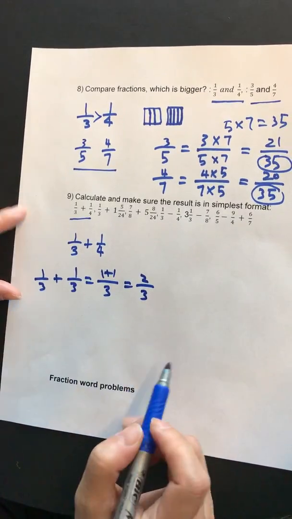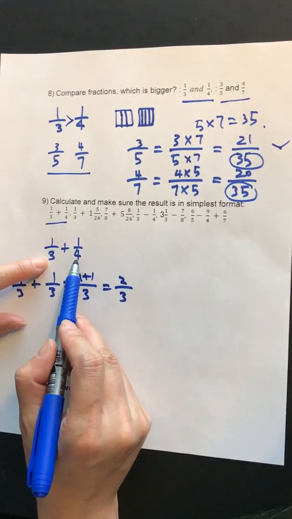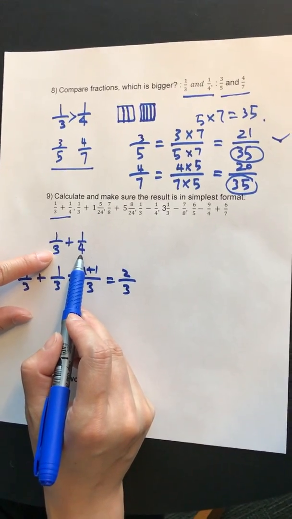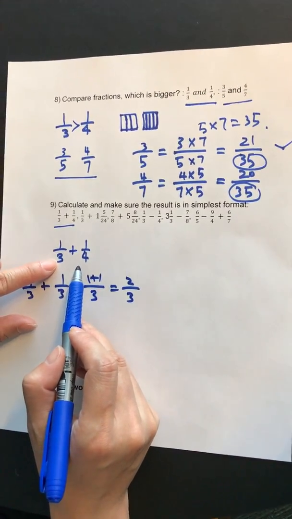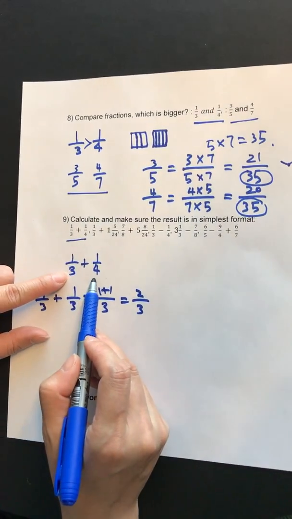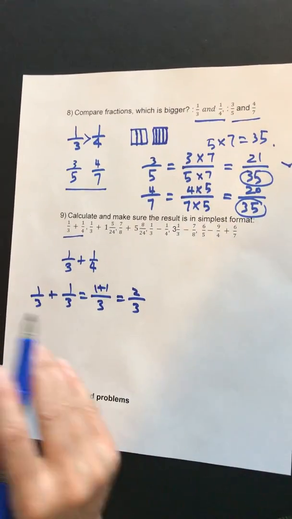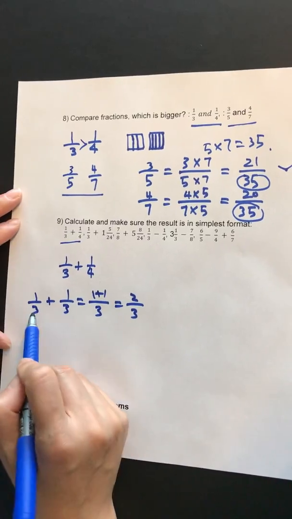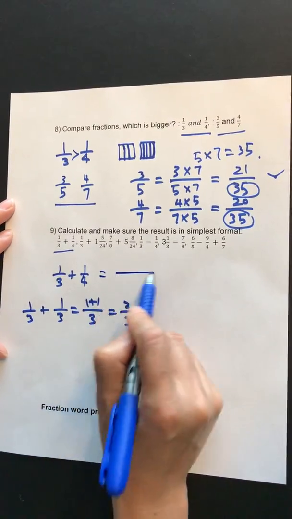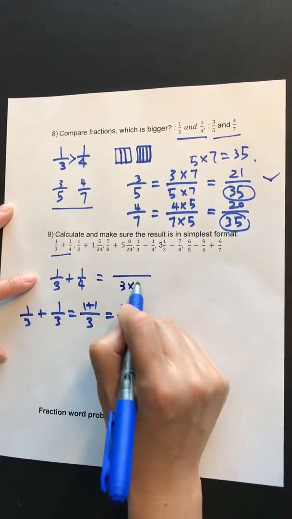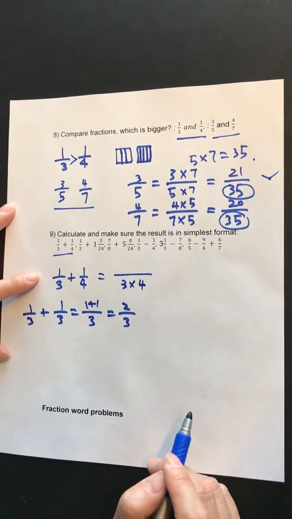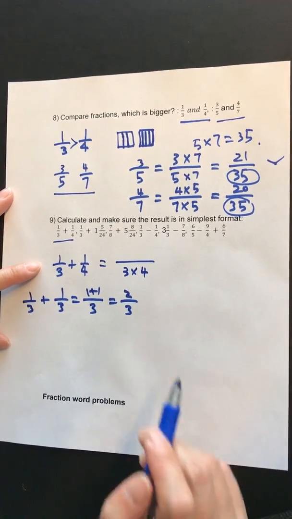So that's very easy. But when the denominator is not the same, you have to find the least common multiple of the two numbers, so that you can add them together with the same denominator. So for 3 and 4, the common denominator is going to be 12, the multiplication of the two.